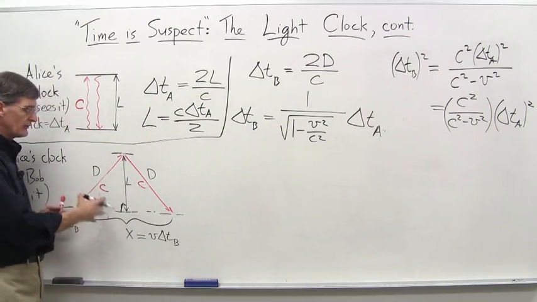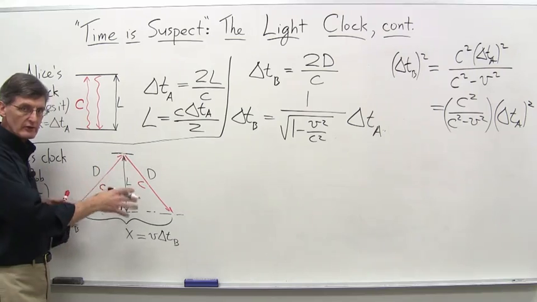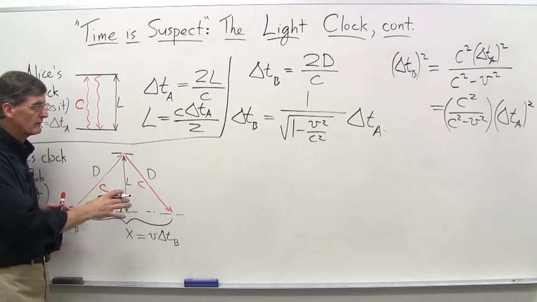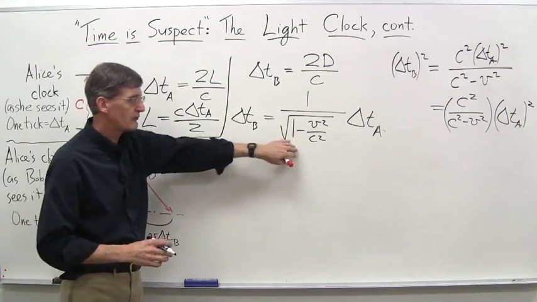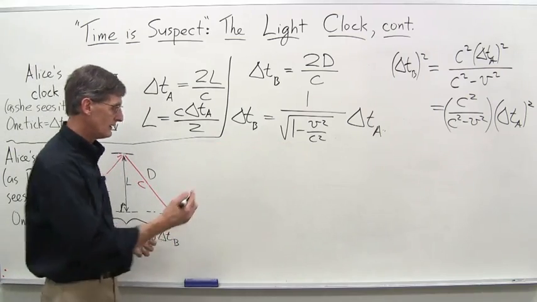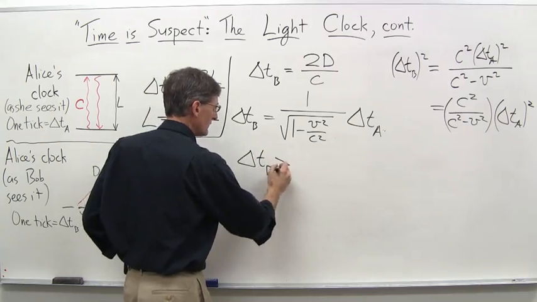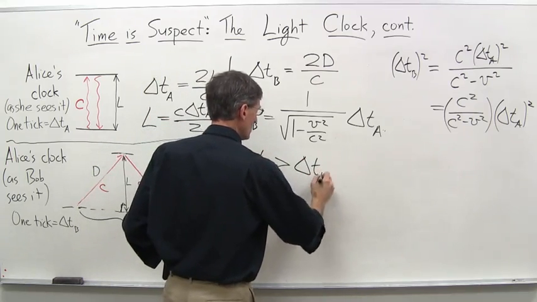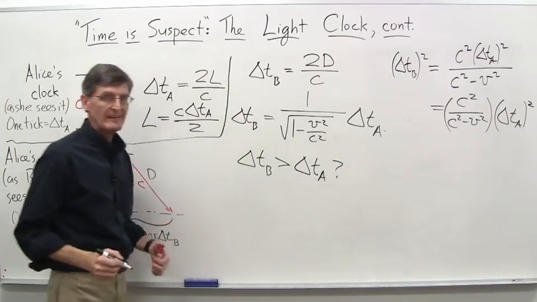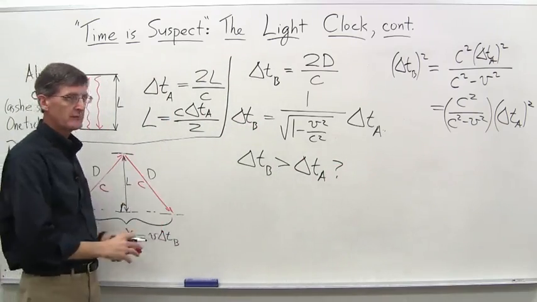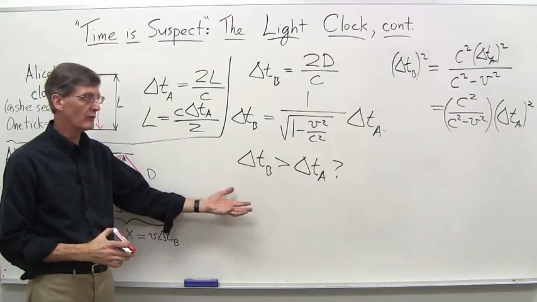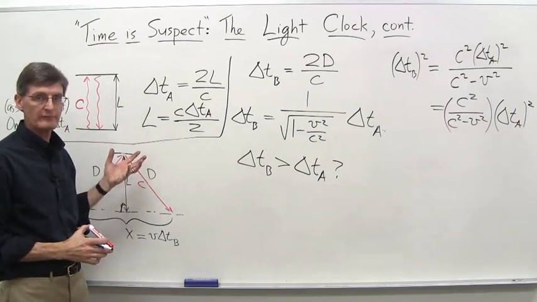Again, the idea is that the moving clock ticks more slowly from Bob's perspective. Does this result also indicate that? Is delta TB greater than delta TA? If it isn't, after all that manipulation, then probably we made a mistake someplace along the way, or our earlier analysis is incorrect.